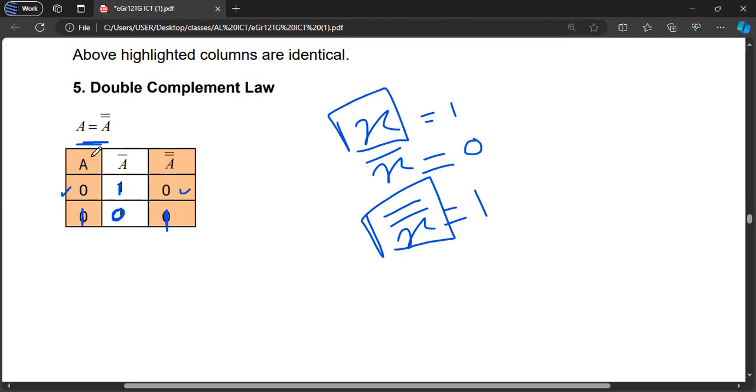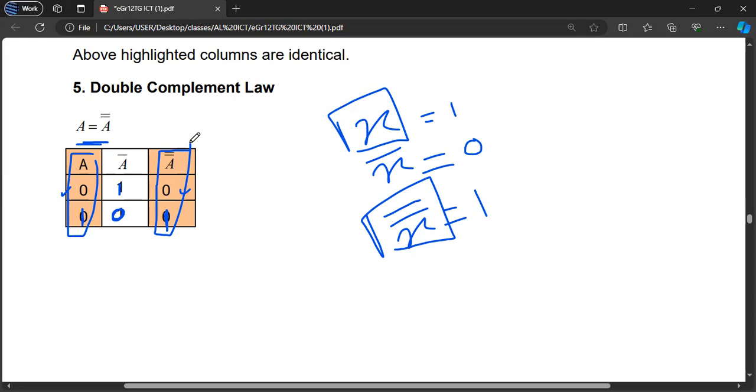So now you can see that for A we have 0 and 1, and for A double bar also we have 0 and 1. So this is the double complement law, which says A is equal to A double bar.